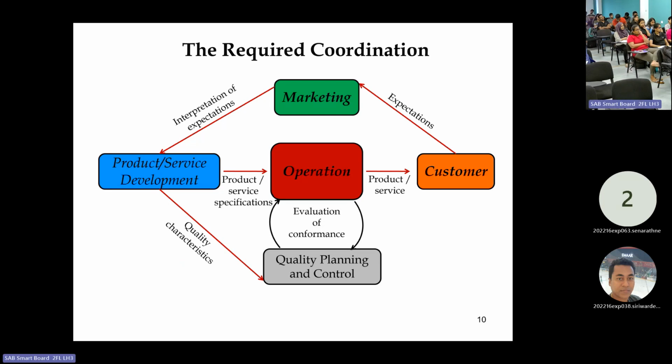So large scale organizations, they have a broader view. So as a company professional, what do you think about it? Is it practical? Your observations? Any challenges? Do you think these departments are working together in organizations?